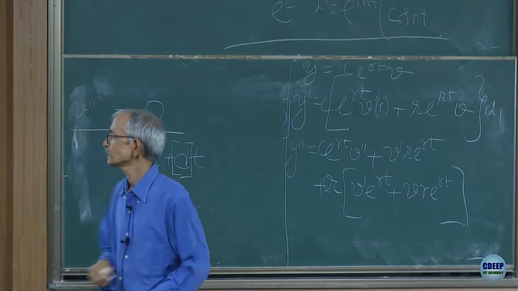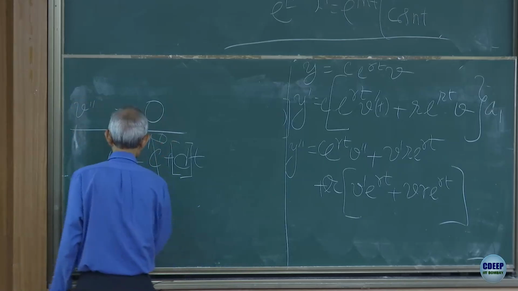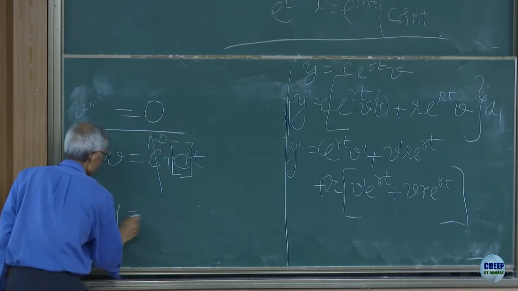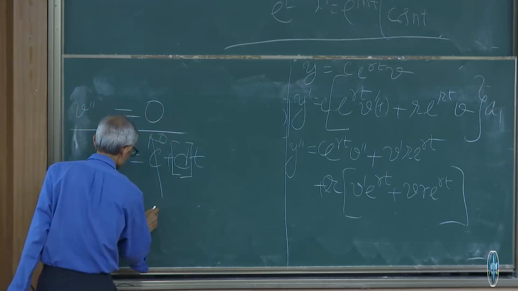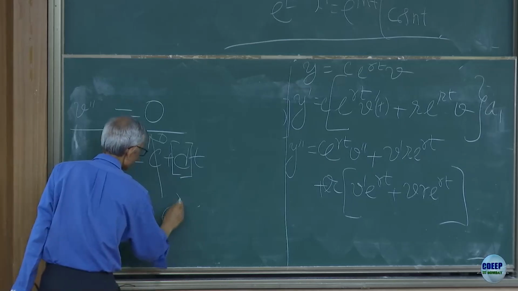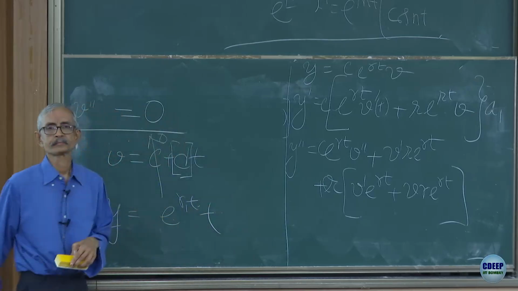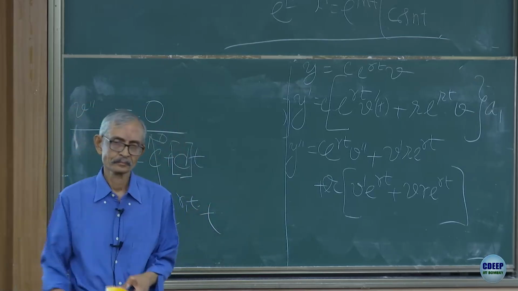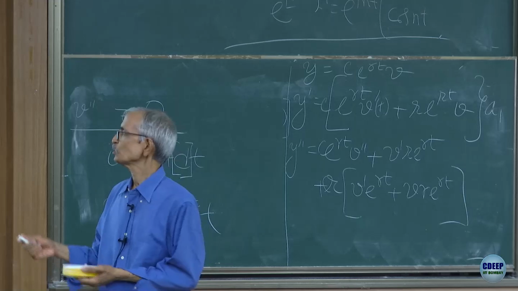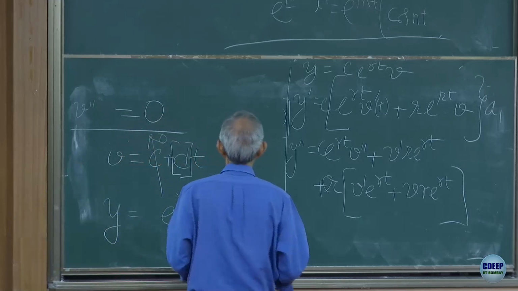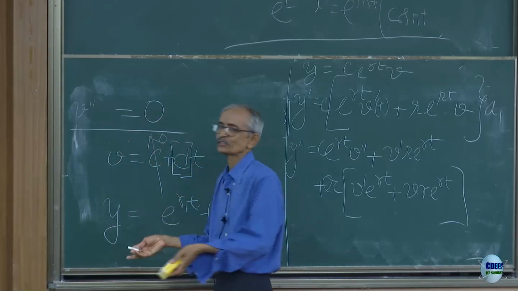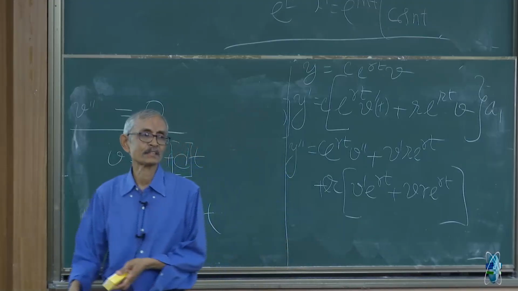and therefore we say that the root is going to be e to the power of r1t times t. On your home assignment, don't take c equal to 0 and show that you will get it, and you will get it. It's not a big deal.